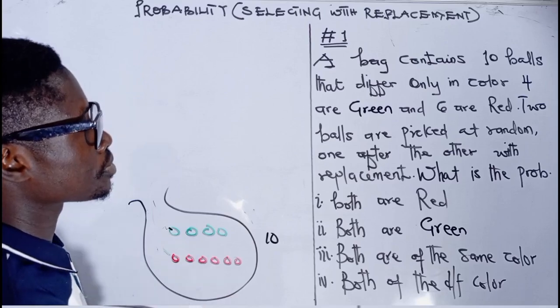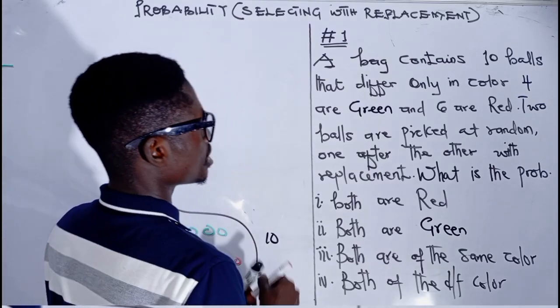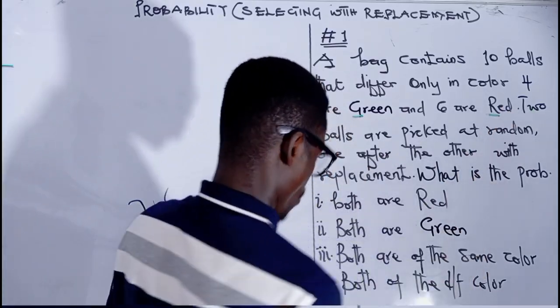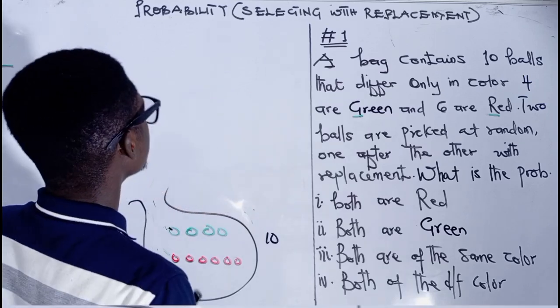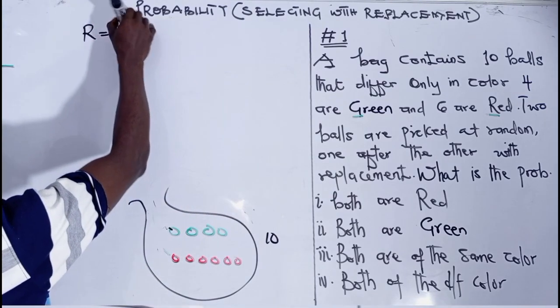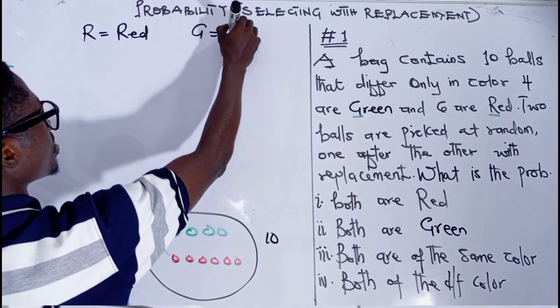So let's use G for green color, and then R for red color ball from the bag. So we are using R for red, and then G for green ball.